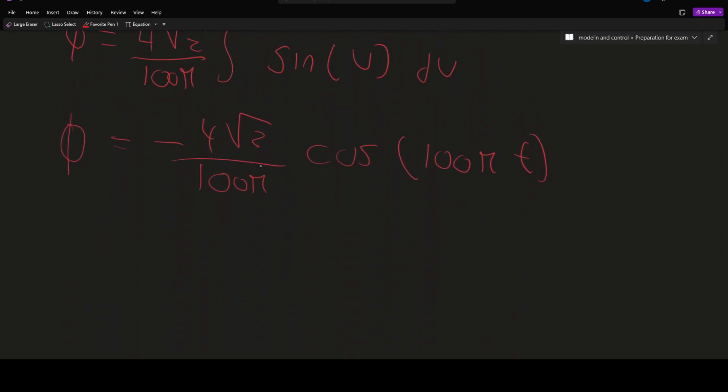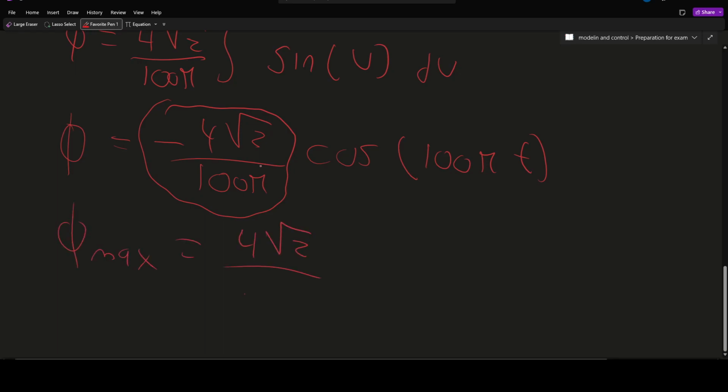Now they are asking us for the maximum flux. So we know that this is the magnitude. So when all of this is minus 1, we know that we're gonna have the maximum value of flux, max is gonna be just 4 square root 2 over 100 pi, because this is the maximum value this expression can get.